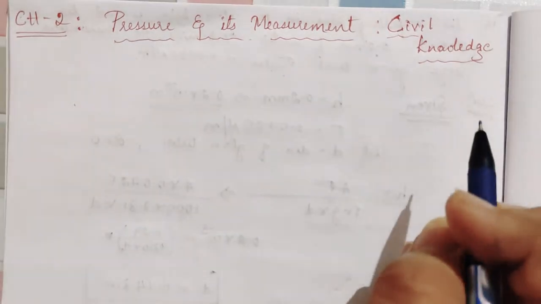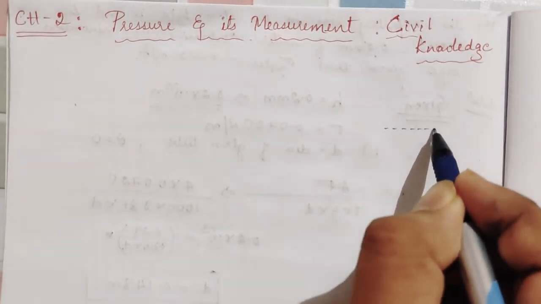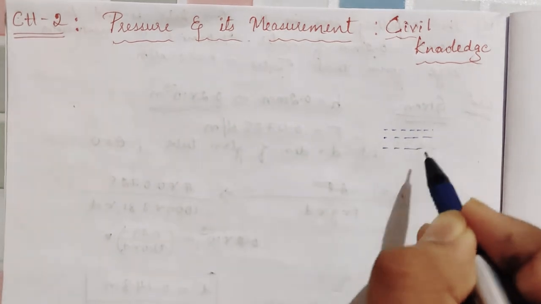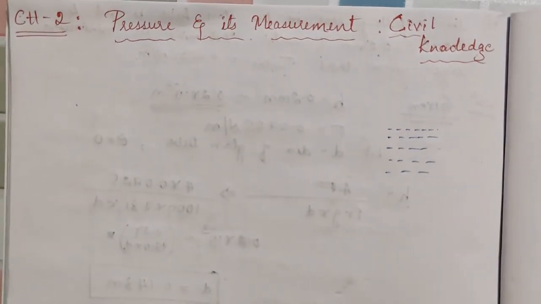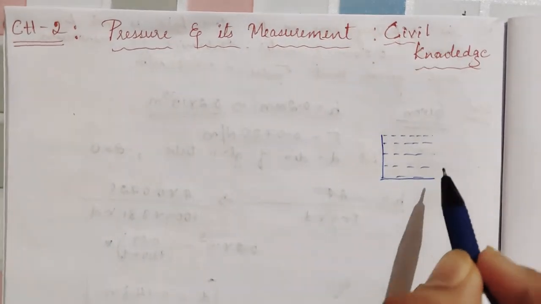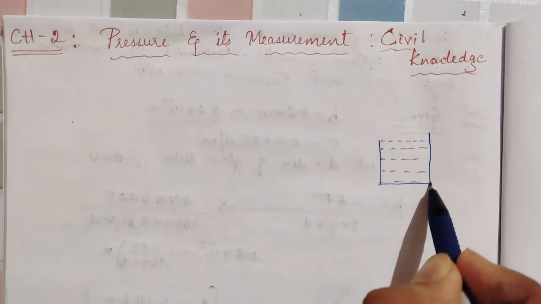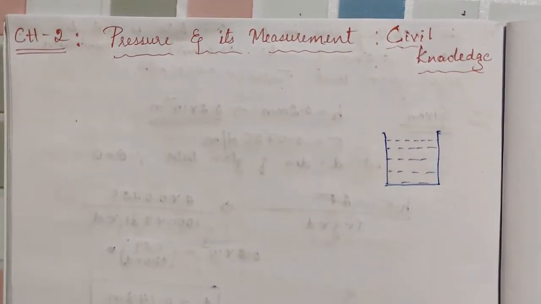Now, consider a small area dA in a large mass of fluid. This fluid should not be flowing, it should be in a static equilibrium. So I'll constrain this by taking the fluid in a container.